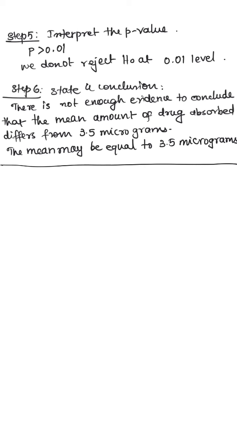You can also use the TI-84 calculator to find the p-value. So in the calculator you will press stat, then test, then t-test, then press enter. Then the t-test menu appears.